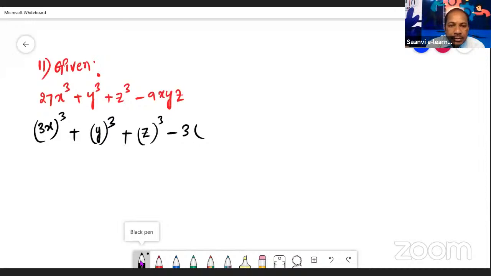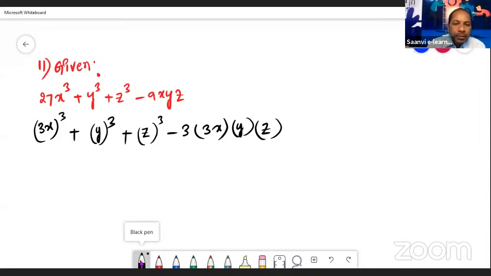Okay. Now this 9xyz we have to convert in the form of 3abc. So 3 into a value is here 3x and b value is y and c value is z. See, now it is converted in the form of 3abc. And when we simplify this total, again we get 9xyz only. See here, 3 3s are 9, x into y into z, xyz.